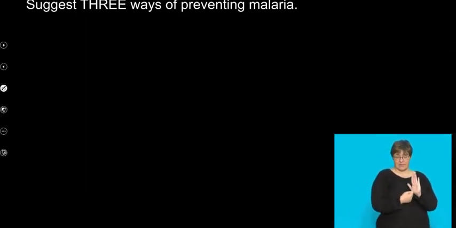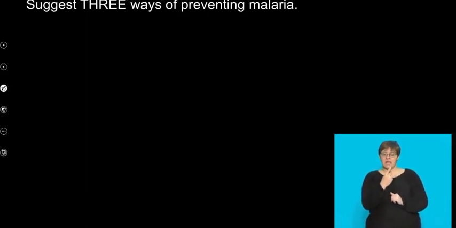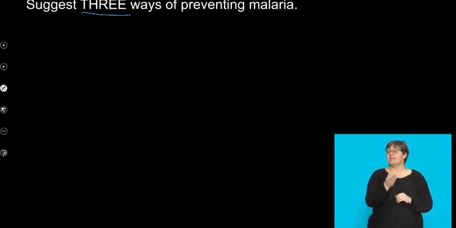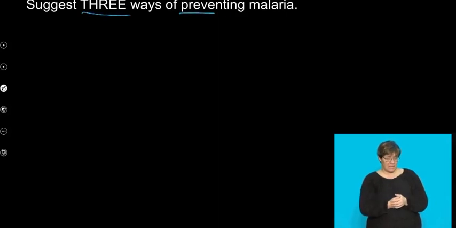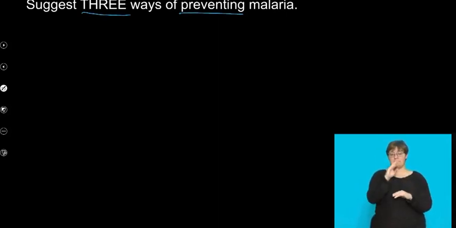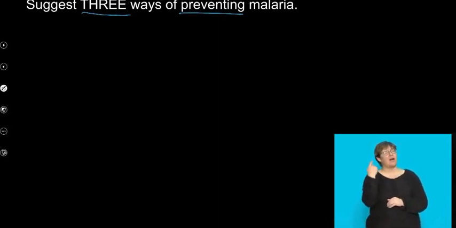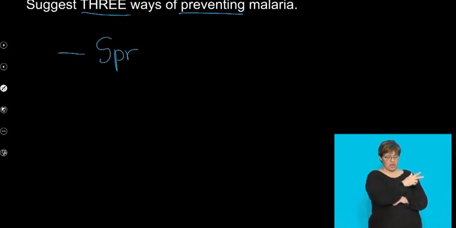Now let's have a look at the next question. And it says, suggest 3 ways. And remember where it says 3 ways, the marker is only going to mark the first 3 of preventing malaria. Now, if we think back, we close our eyes and we think of the slide. The first slide was spraying.